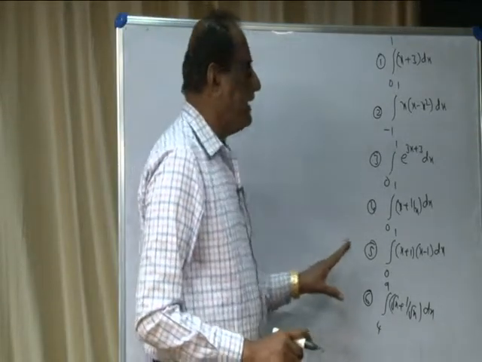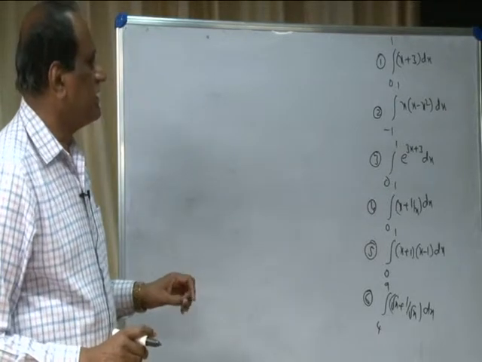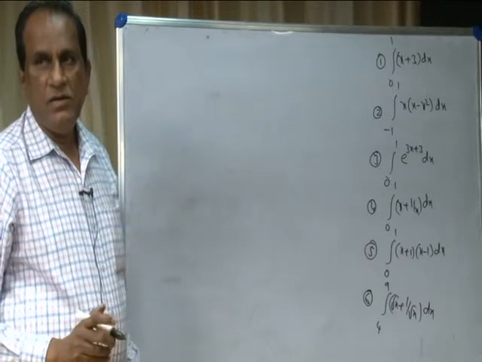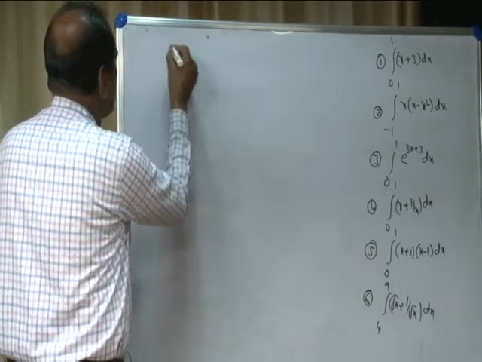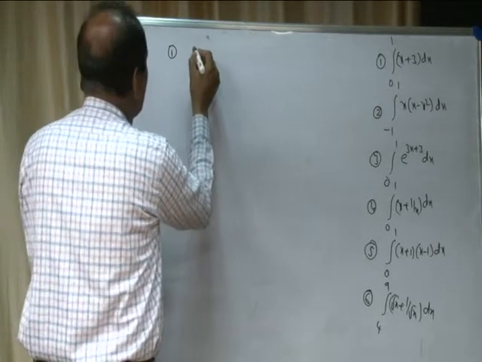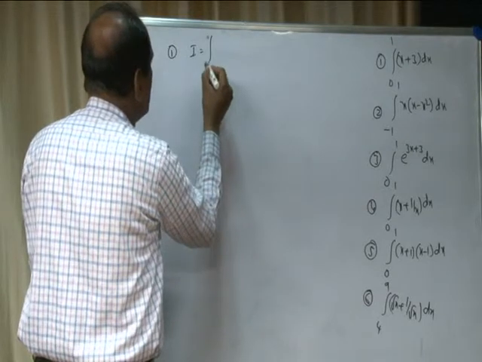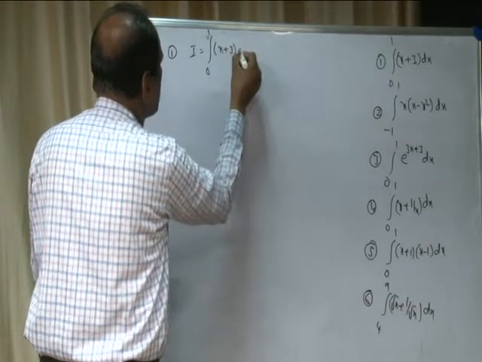So, how to integrate? The integration procedure is the same, only the upper limit first minus the lower limit. See here, first problem: I is equal to the given integral, 0 to 1 of x plus 3 dx.